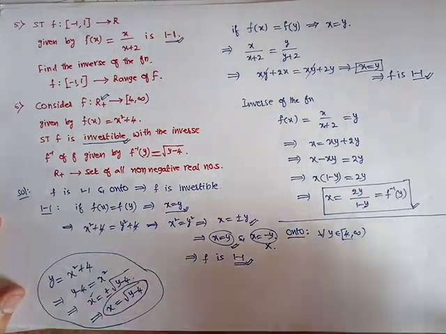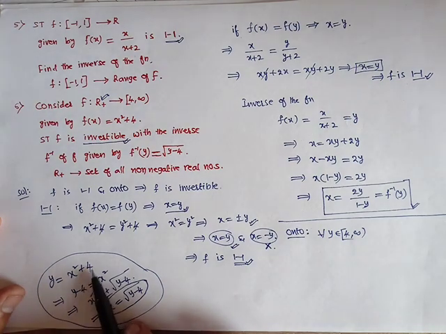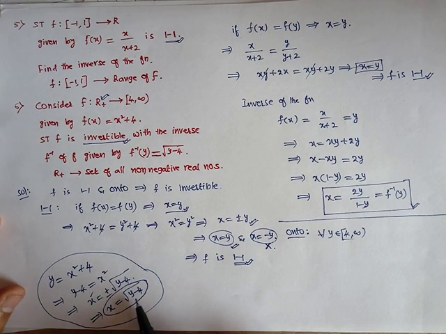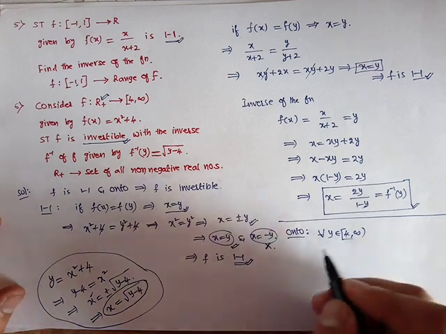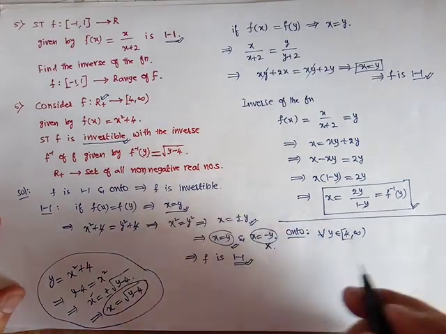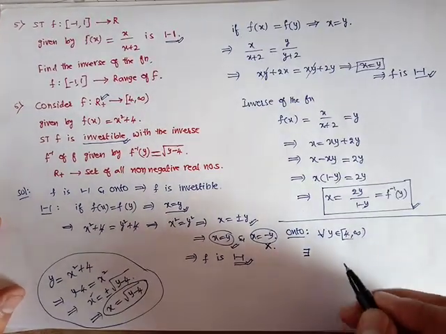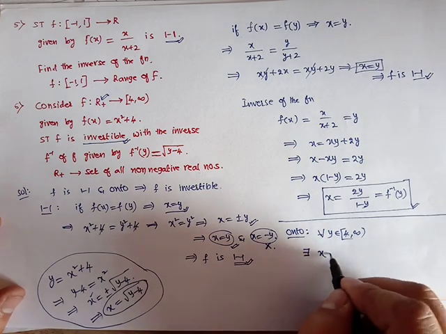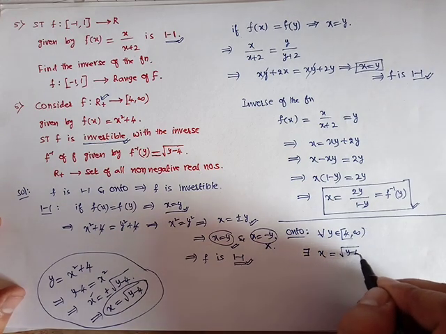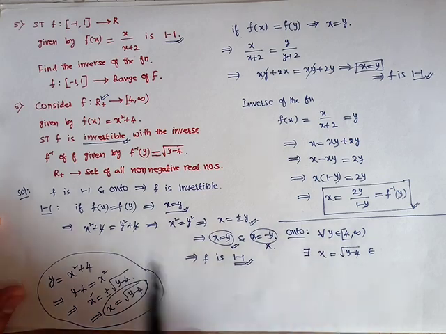Now after taking y = x² + 4, you are getting x = √(y − 4). This implies for all y belongs to [4, infinity), there exists x = √(y − 4) belonging to, what is the first set?